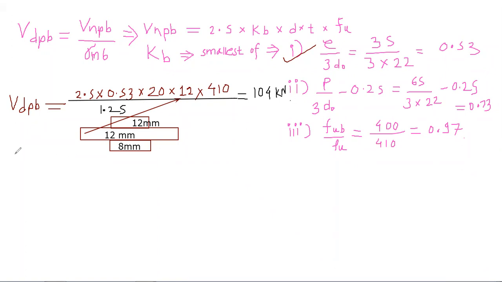Now this value is for one bolt, that is the bearing capacity of one bolt, but you have to calculate it for the four bolts, because on one side you are having four bolts. Therefore VDPB for the connection will be equal to this 104 multiplied by 4.